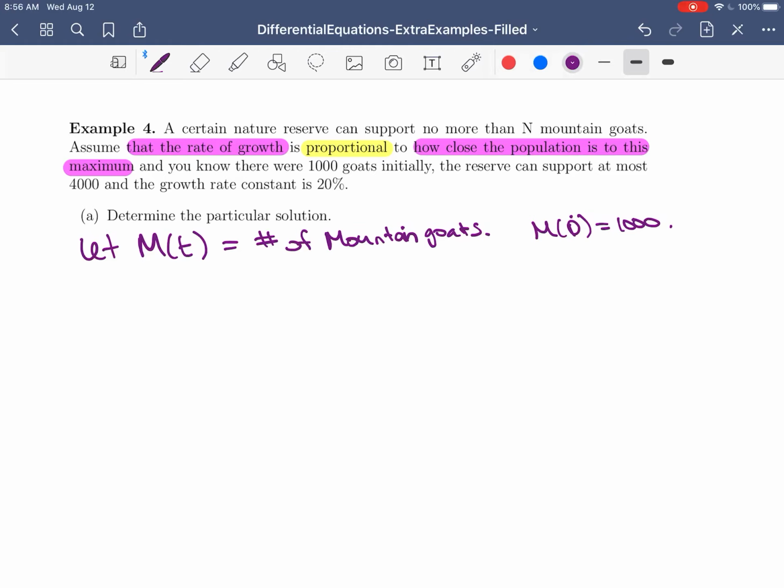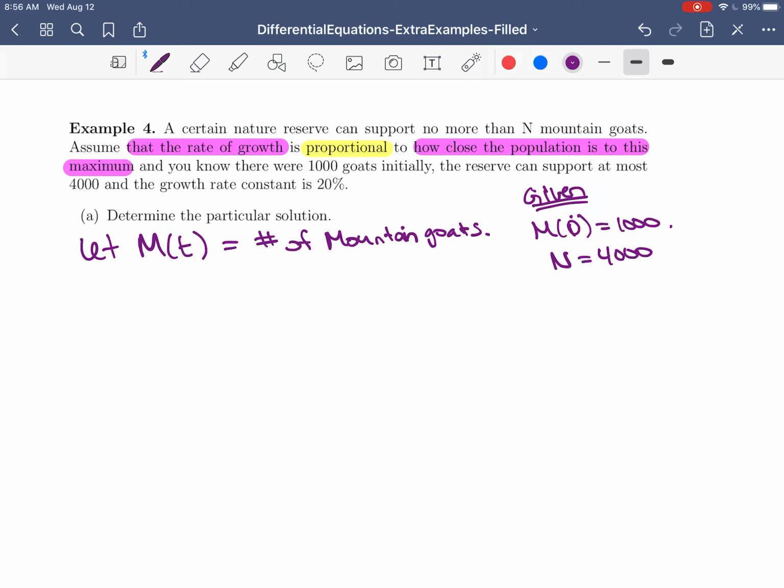We know the reserve can support at most 4,000, so that means that N, capital N, is 4,000. And here the growth rate constant is actually 0.2, or 20%.